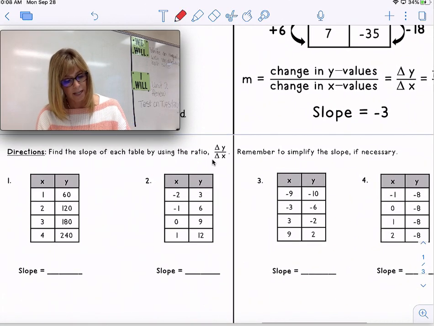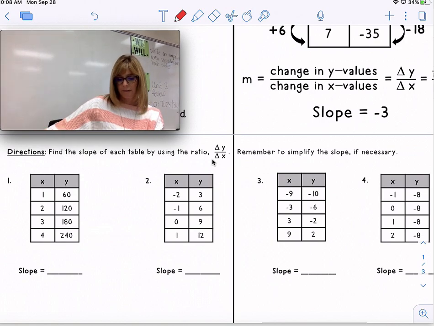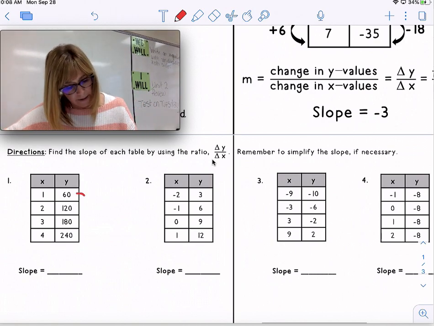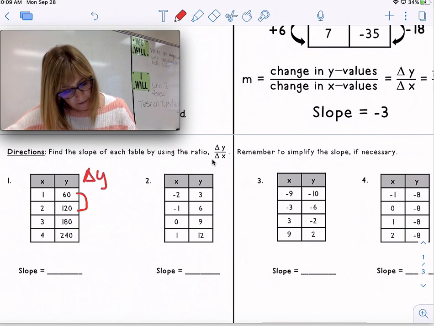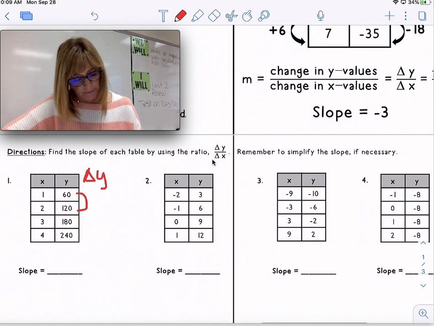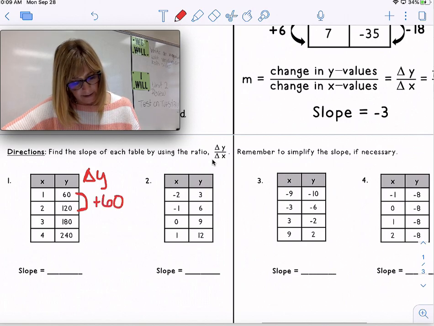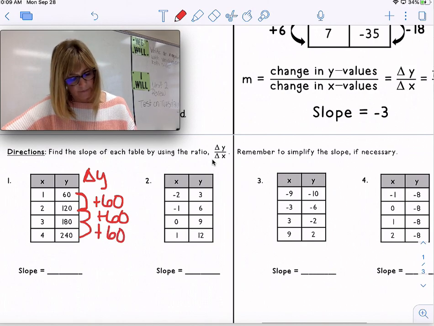Let's look at this table. Using the table, we're going to find the ratio of the change in the y. This is the change in the y over here on the right side. So 60 to 120 is plus 60. 120 to 180 is also plus 60. We're adding 60, increasing, and plus 60.